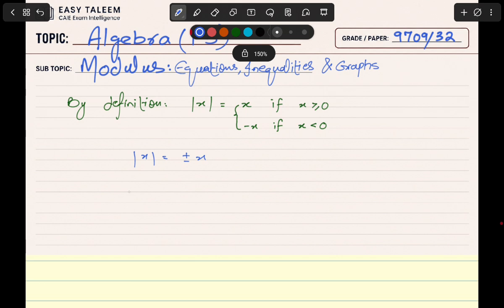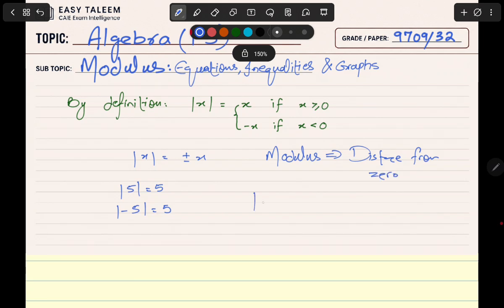So modulus of 5, for example, is equal to 5, and modulus of negative 5 is also equal to 5. Now, look at these two numbers. 5 gives 5, negative 5 also gives 5. Why? Because modulus measures distance. So modulus is simply distance from 0.